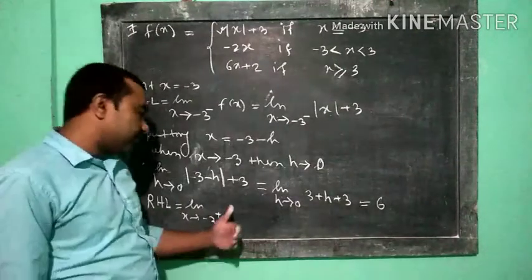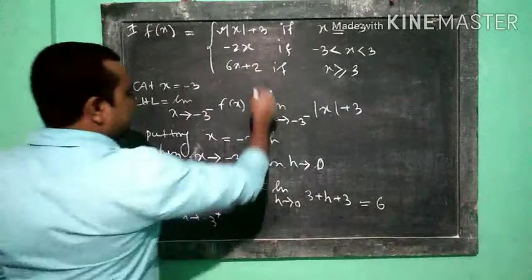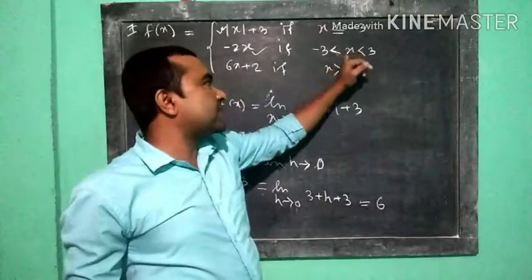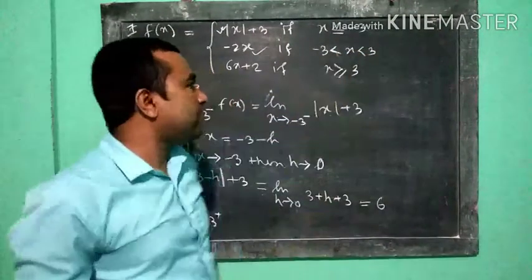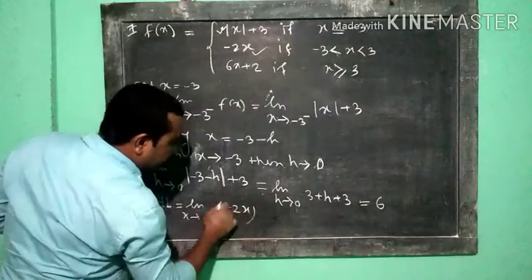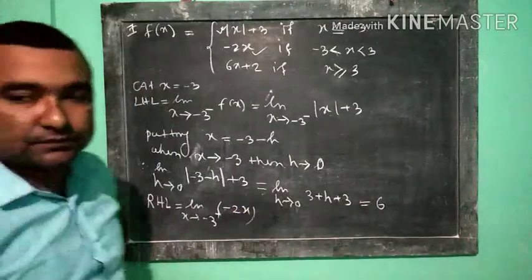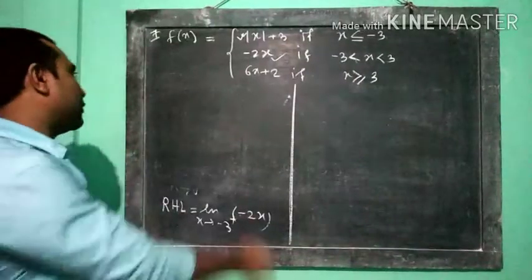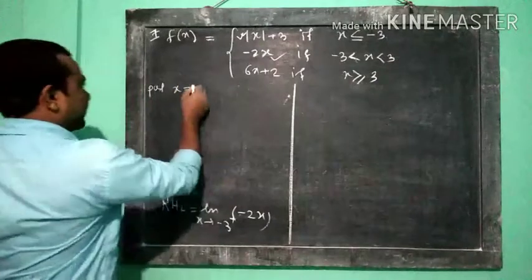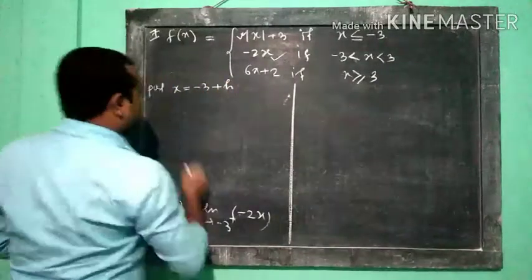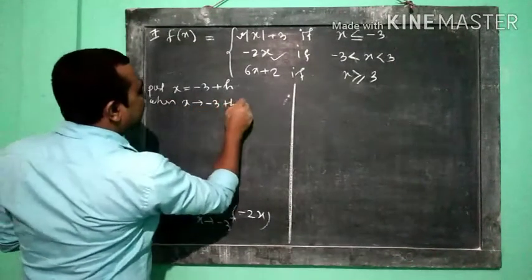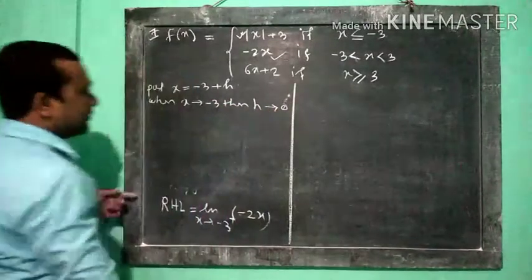Minus 3 plus something, so which function does it take? This function, because the value of x lies between minus 3 and plus 3. So here we write minus 2x. Put x equal to minus 3 plus h. When x tends to minus 3, h tends to 0.